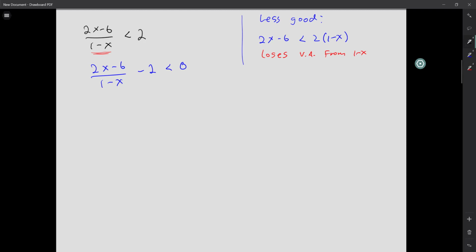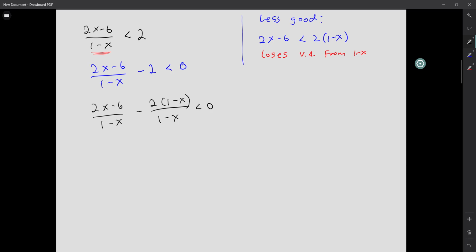So let's continue with the good way. Let's see, I've got 2x minus 6 over 1 minus x, and if I find a common denominator, that'll be 2 times 1 minus x over 1 minus x less than 0, and we will combine these.